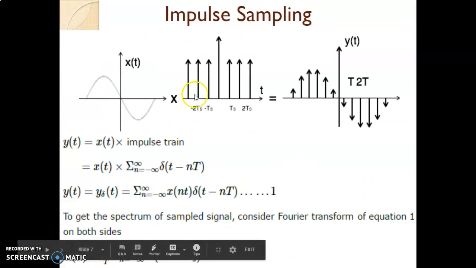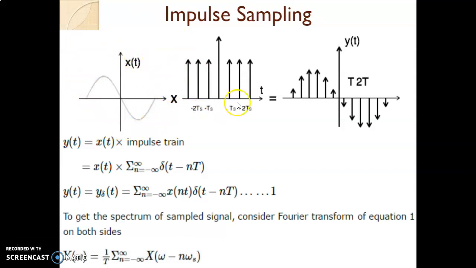This is the diagram for impulse sampling. There is a continuous time signal x of t. These are the impulses which have a spacing of Ts seconds, so you have 0, then Ts, 2Ts, then minus Ts, minus 2Ts.